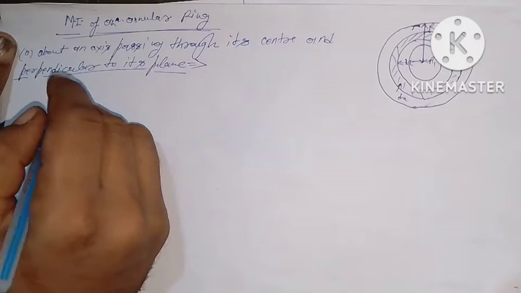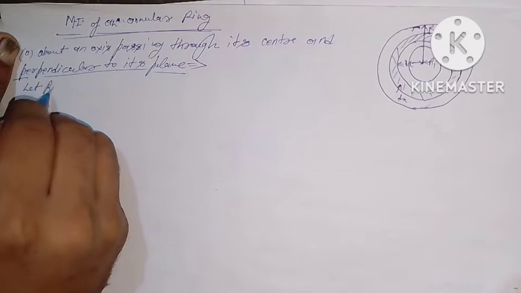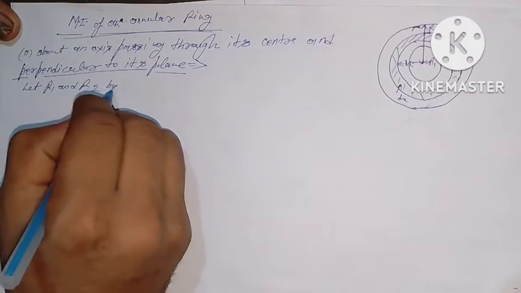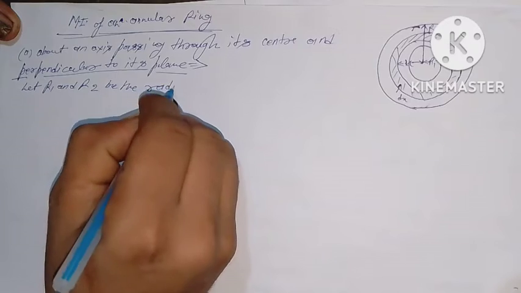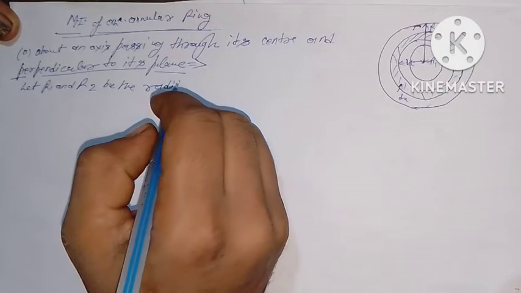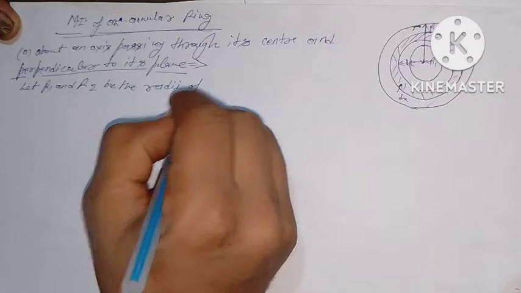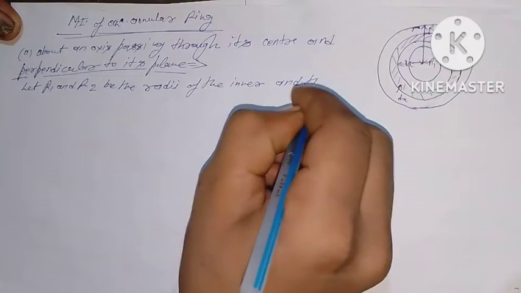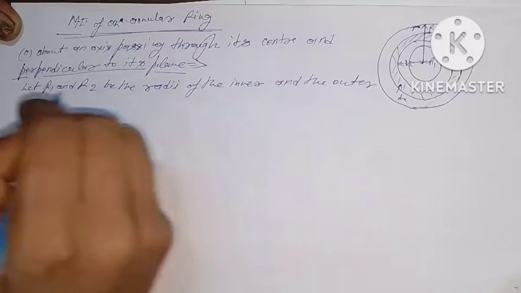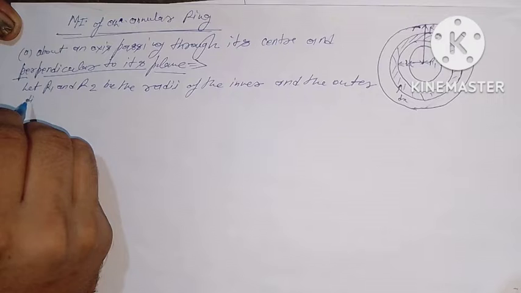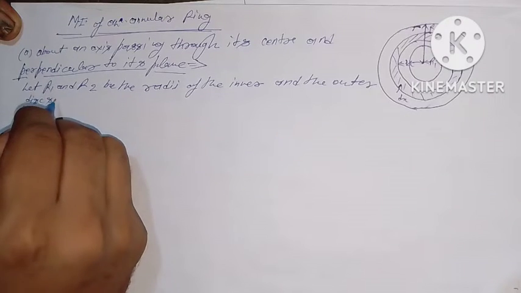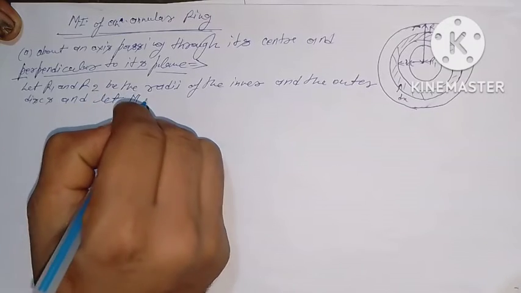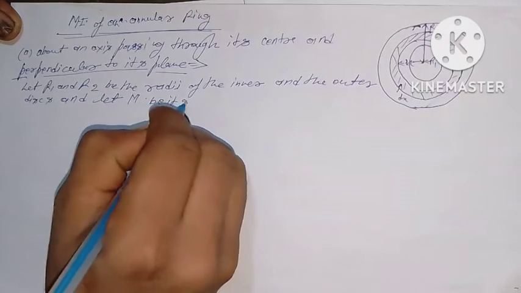Let R1 and R2 be the radii of the inner and the outer disc, and let capital M be its mass.